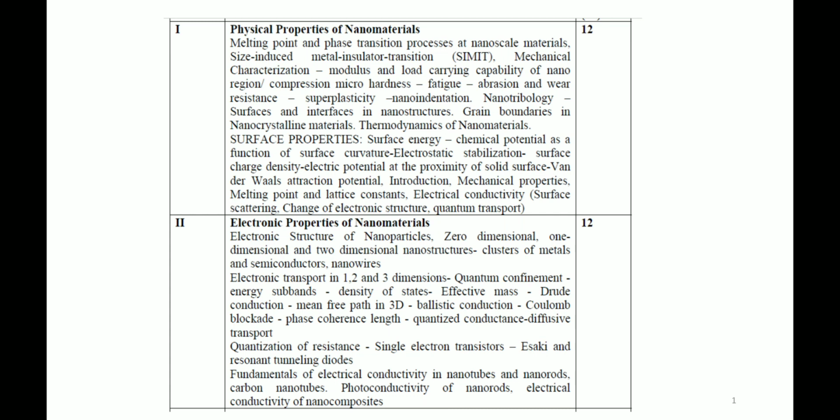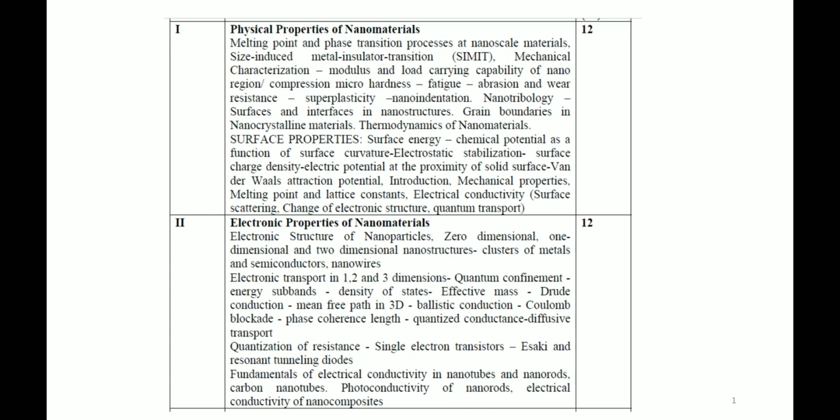So this was the initial stage of the fundamentals of nanoscience and nanotechnology, where we saw what is the nanoscale, what is nanoscience, what is nanotechnology, and we also saw the different types of nanomaterials, that is one dimensional, two dimensional, three dimensional, and zero dimensional material.